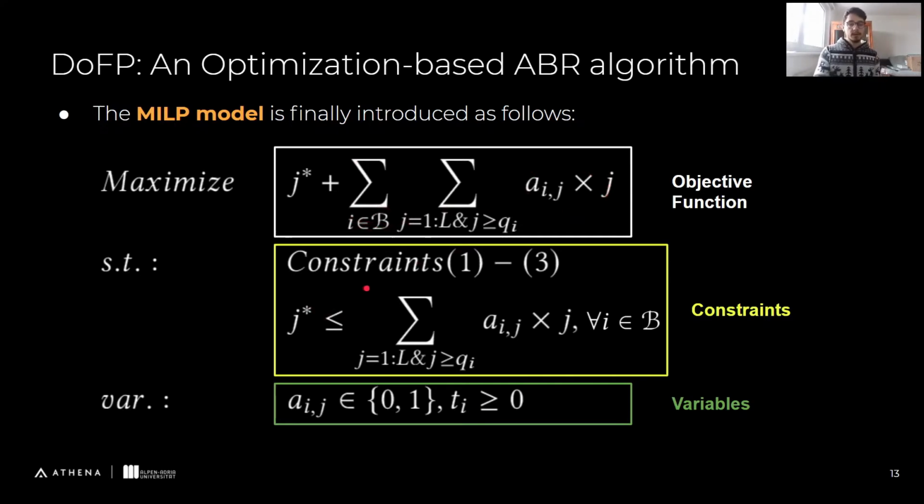To this model needs to be applied the constraints that I explained in the previous slide, from 1 to 3, and the variables considered are the aij, the binary variables, which state whether the segment I needs to be downloaded at quality J, and the throughput assigned to each segment.